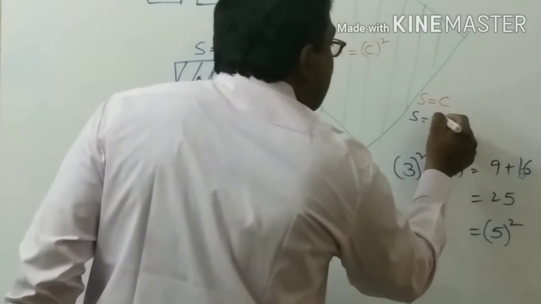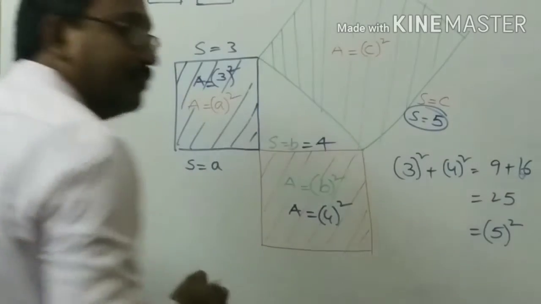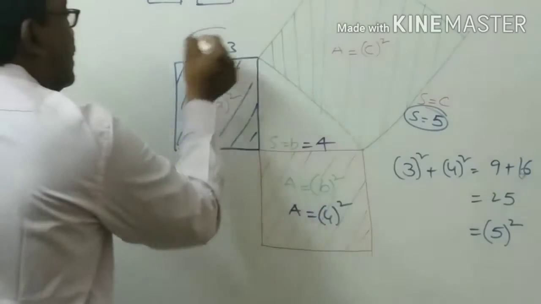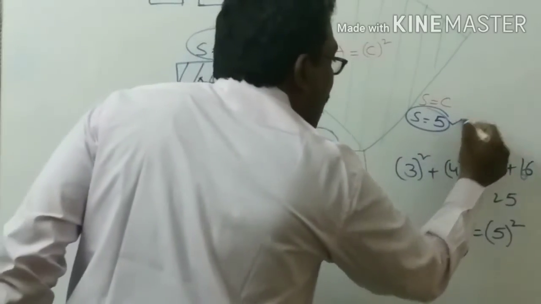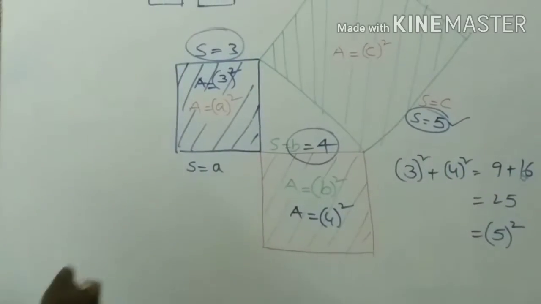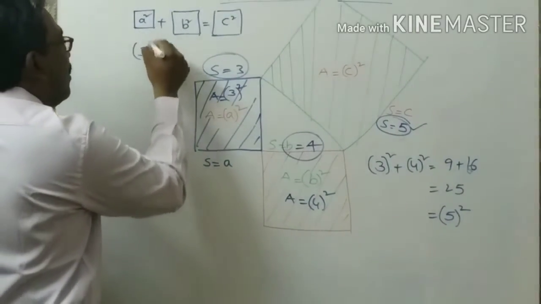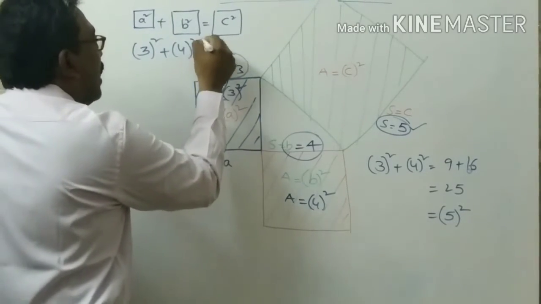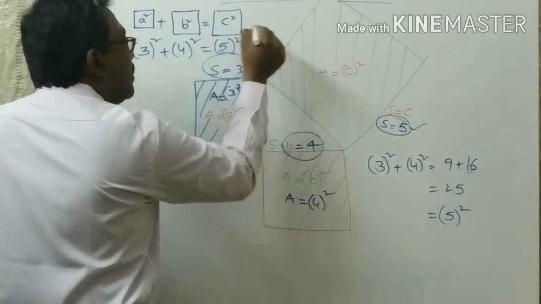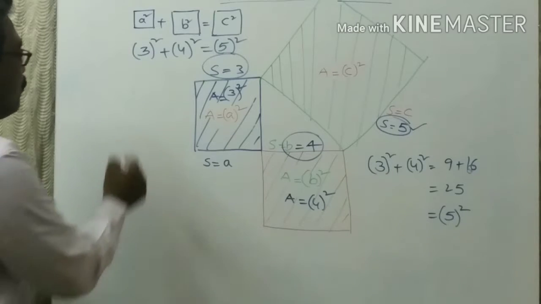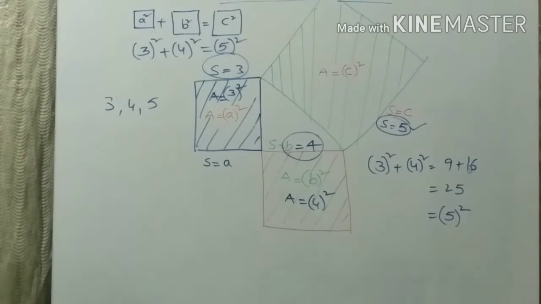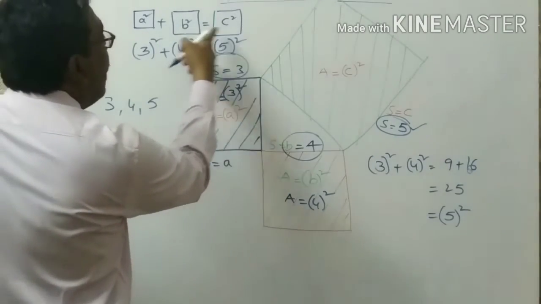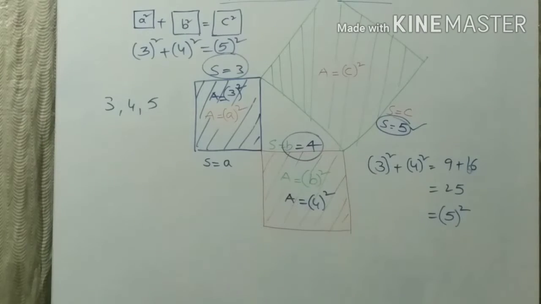So, if this side is 5, this side is 3, and one more side is 4, then third side will be 5. Yes, that is 3 square plus 4 square is equal to 5 square. So, the digits 3, 4, 5 are satisfying the concept that side square plus side square is equal to hypotenuse square.